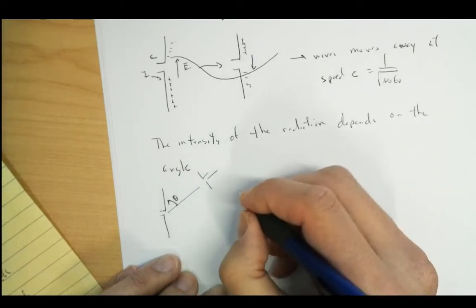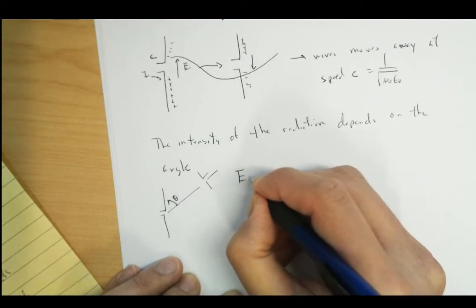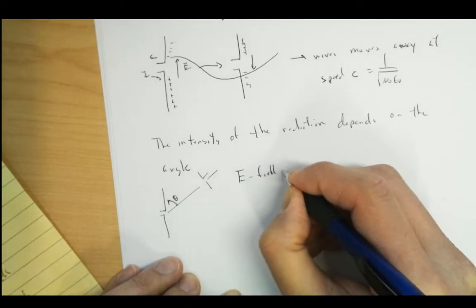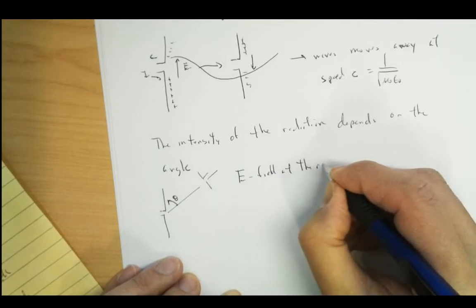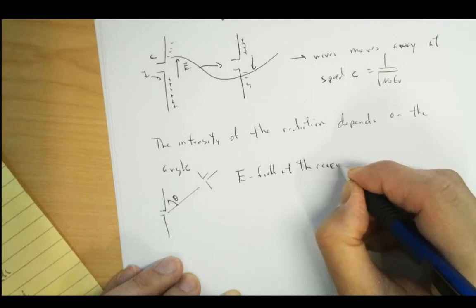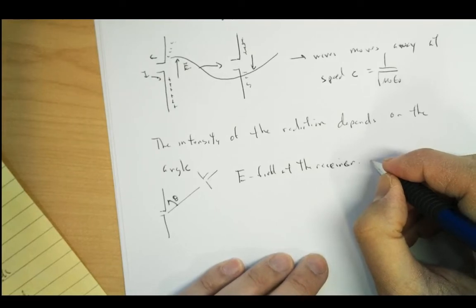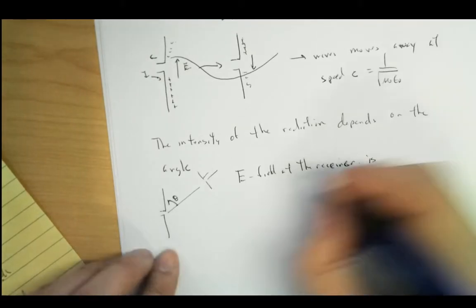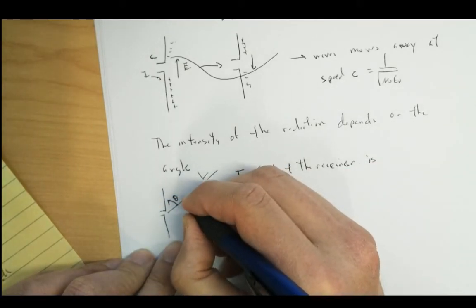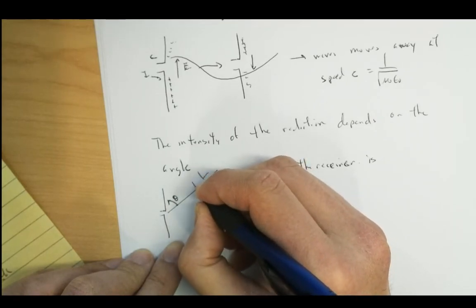The E field at the receiver, you can imagine what this is. This is the angle here now.